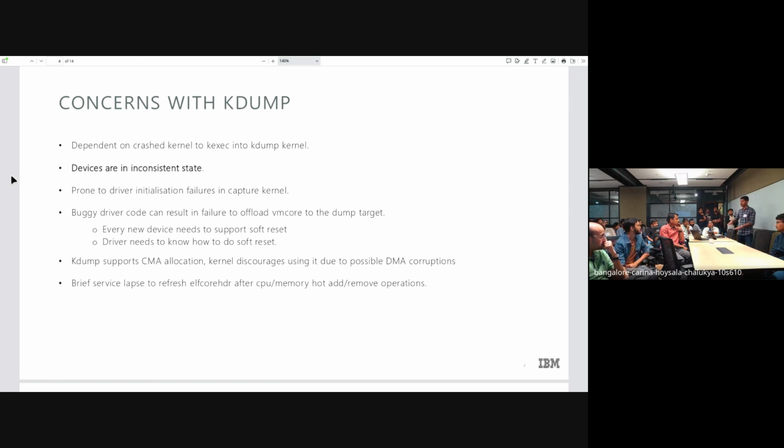One catch is if you are using CMA, you will not get user space pages in the vmcore. It might be incomplete, which is generally okay with us. In a vmcore, we want kernel pages. So regarding CMA, kdump does support CMA, but even the upstream kernel documentation says don't use it unless you are okay with an incomplete or incorrect dump.